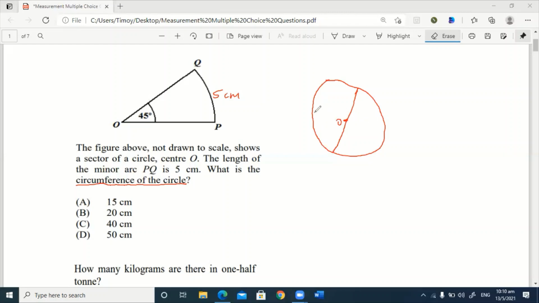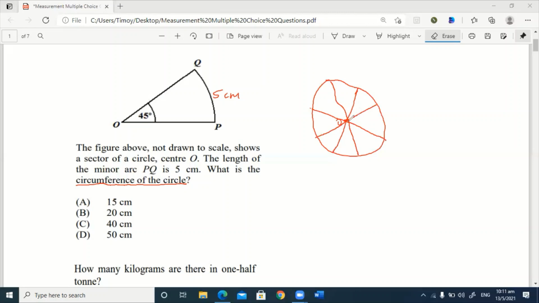So we'll divide up the circle into halves. So that's 4 quarters. And if we split each quarter into half, then that will give us the angle 45. So we can split this quarter into halves again and split this one into half.